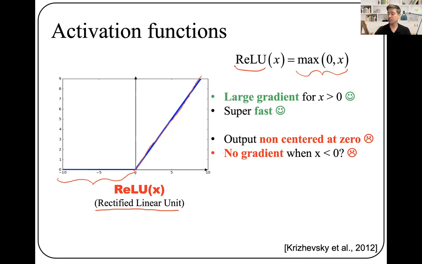And that's actually quite easy to see, because if the input is negative, the maximum between a negative value and 0 will be 0. This is what we see here. Otherwise, the output will simply be x itself.